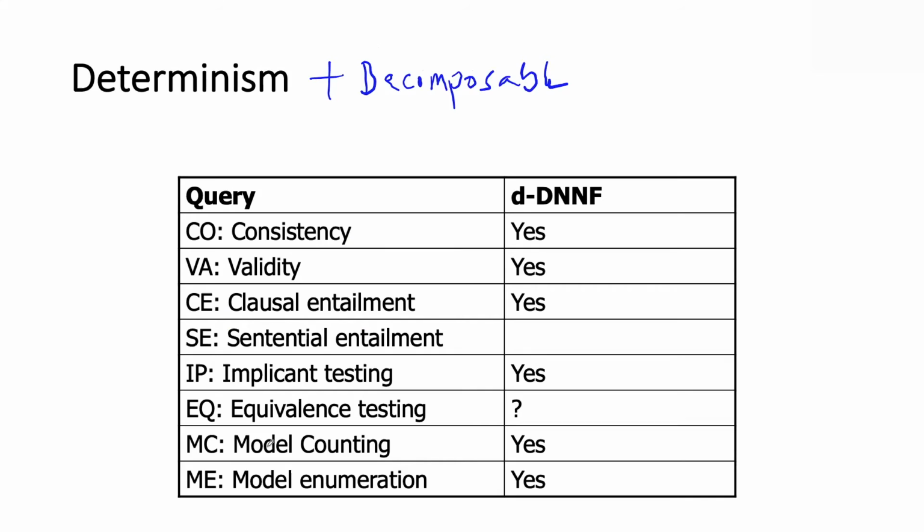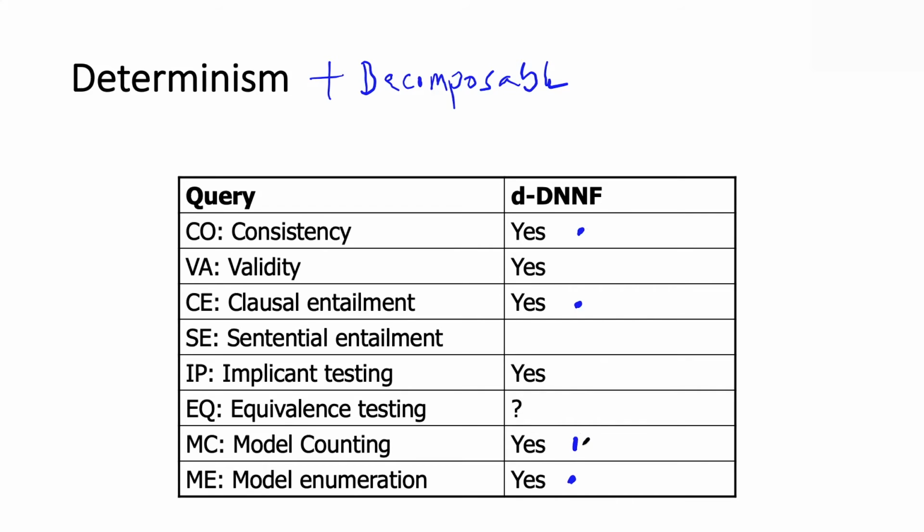Because I just added one more property, and therefore I'm looking at a subclass of decomposable negation normal form. So a lot of these things were already there because we could do them anyways. These three were already inherited from decomposability. Now we have three more things.